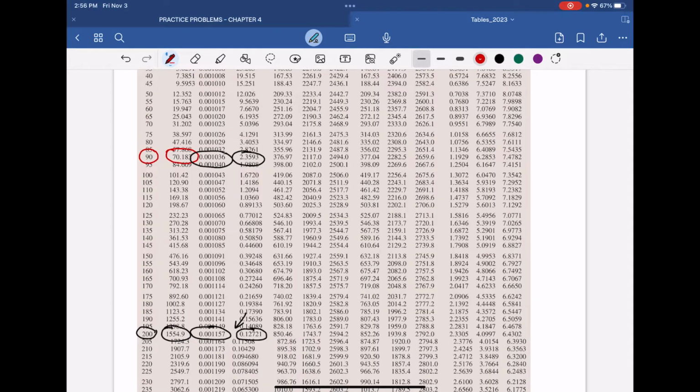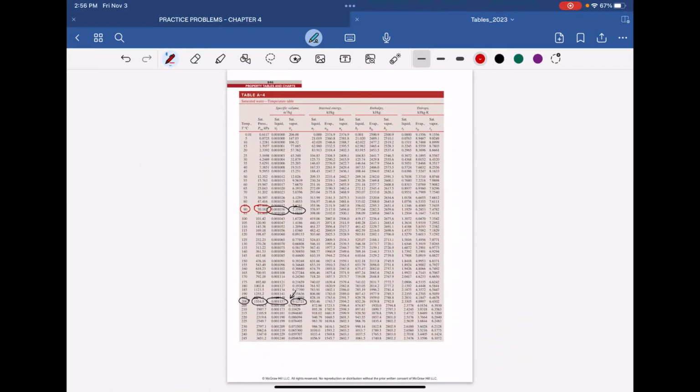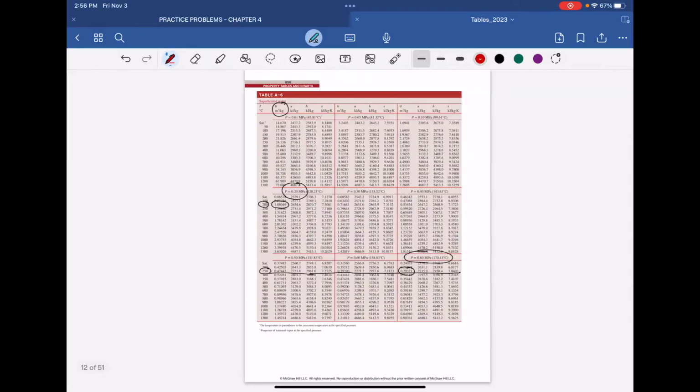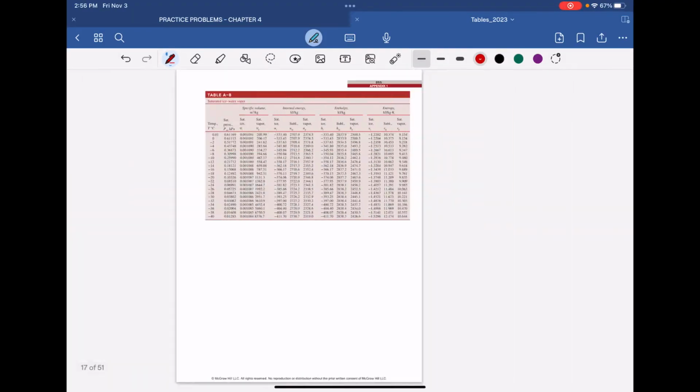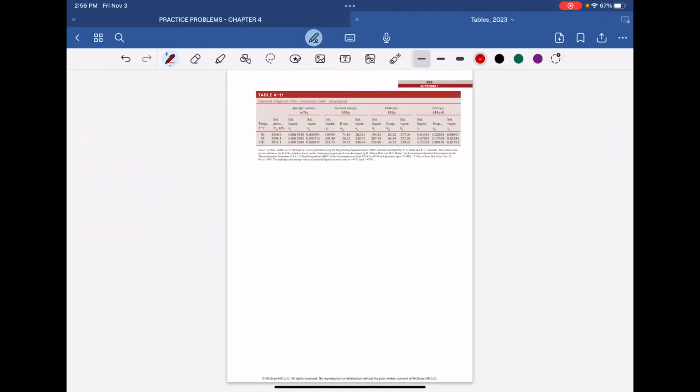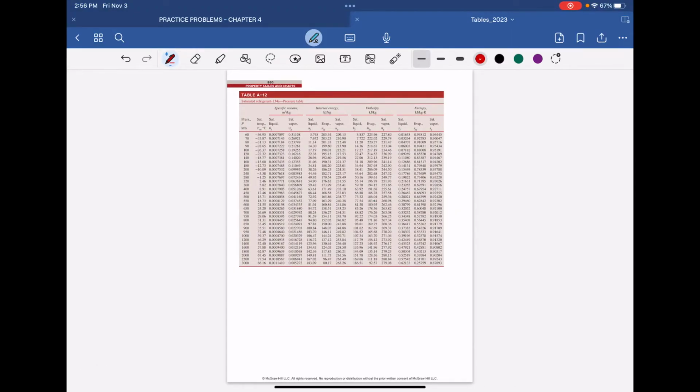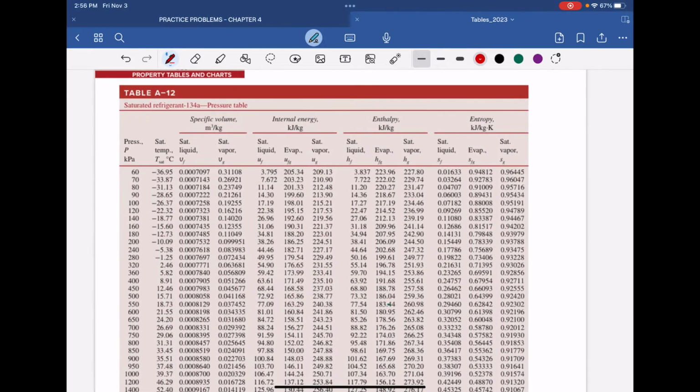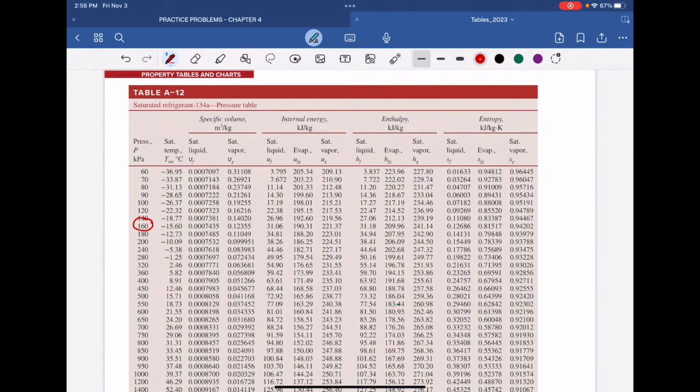So you come here and find the refrigerant tables, which are table A. I'm sorry, this is going to be table A.12, the pressure is 160. At 160, you can read vf, vg, and then uf and ug.